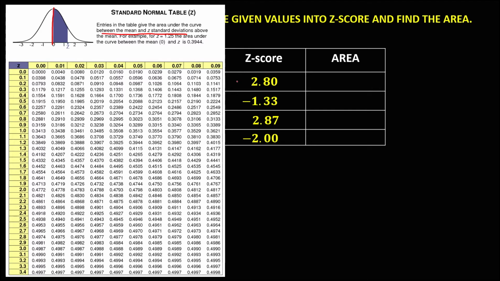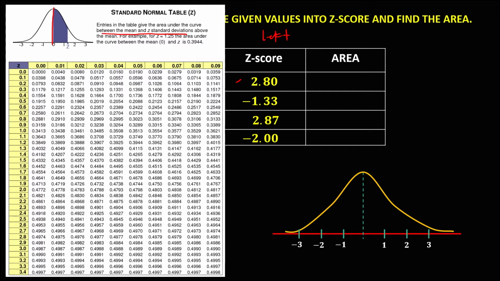So for this z-score 2.80, since this z-score has no direction, we're going to find the area to the left. So let's assume this is 2.80 in the curve.